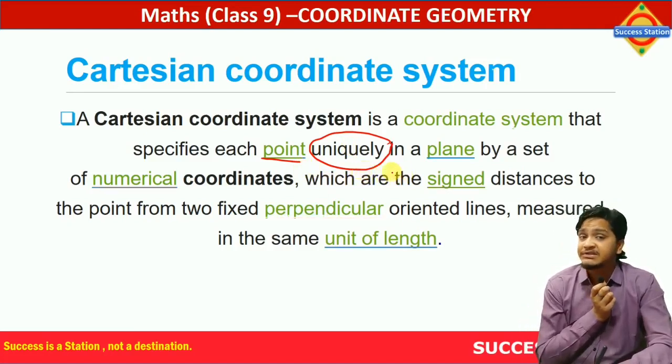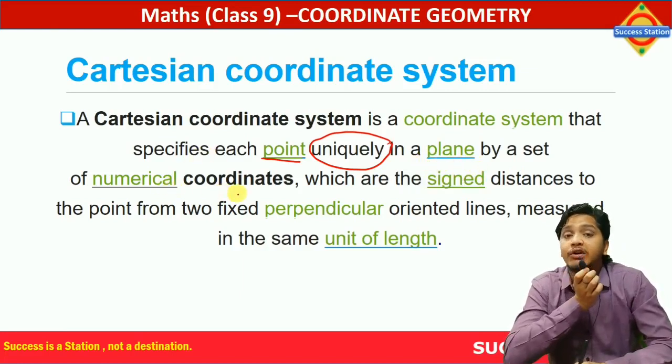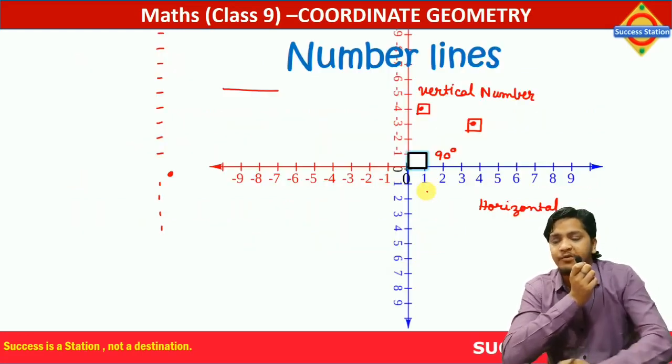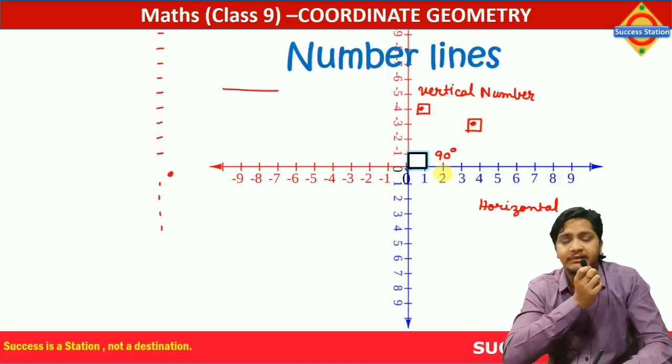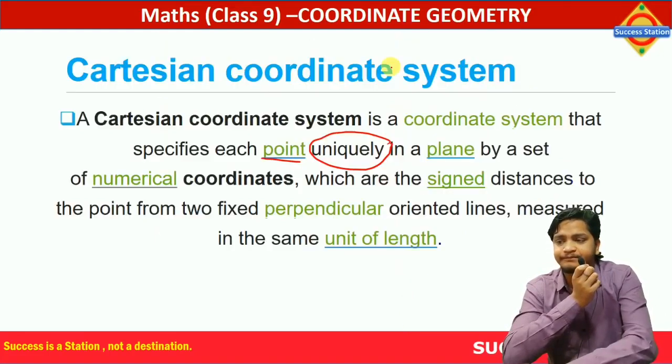But what does the address consist of? In the plane, it is a set of numerical coordinates, which are signed distances to the point from two perpendicular oriented lines, measured in the same unit of length. Like, see, you have two lines, they both are perpendicular.